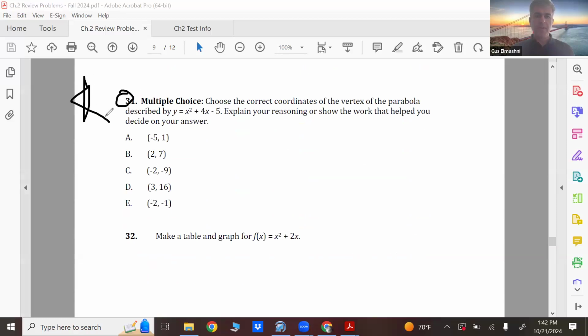Number 31. This will be on the test as well. There you go. X is going to be over 2a.